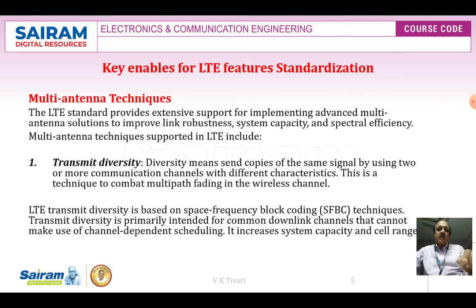So what we are doing is sending the signals from multiple antennas, transmitting the same signals with slightly different characteristics, so that if one signal is fading, the non-fading signal can be achieved from one or the other at the receiver.